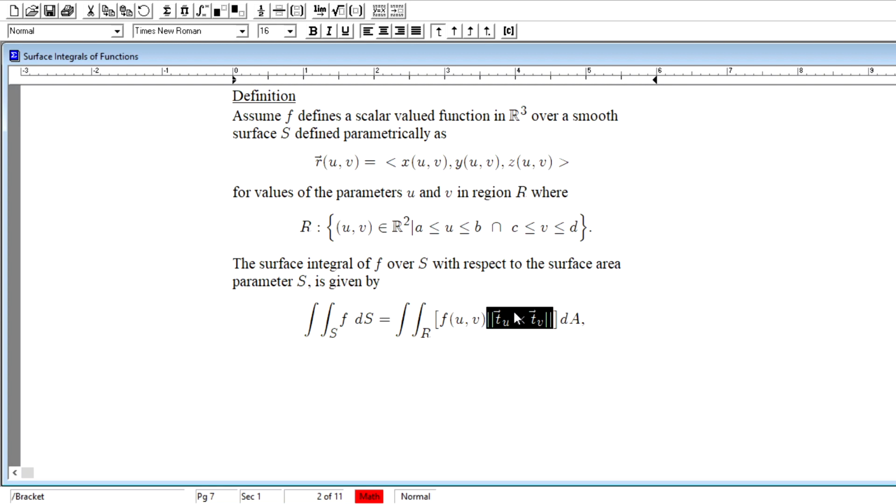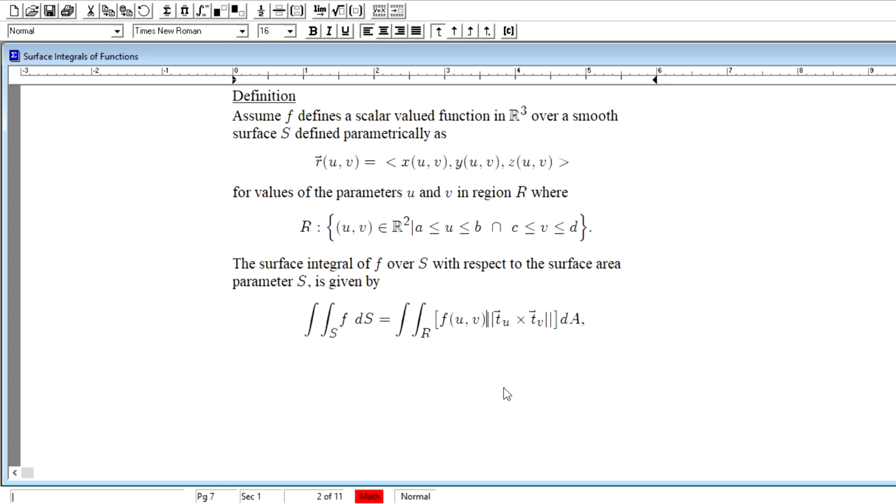Now, what the scalar factor describes, we call that the Jacobian multiplier. In fact, this is what describes the process of finding that Jacobian multiplier back in our study of the Jacobian, right?